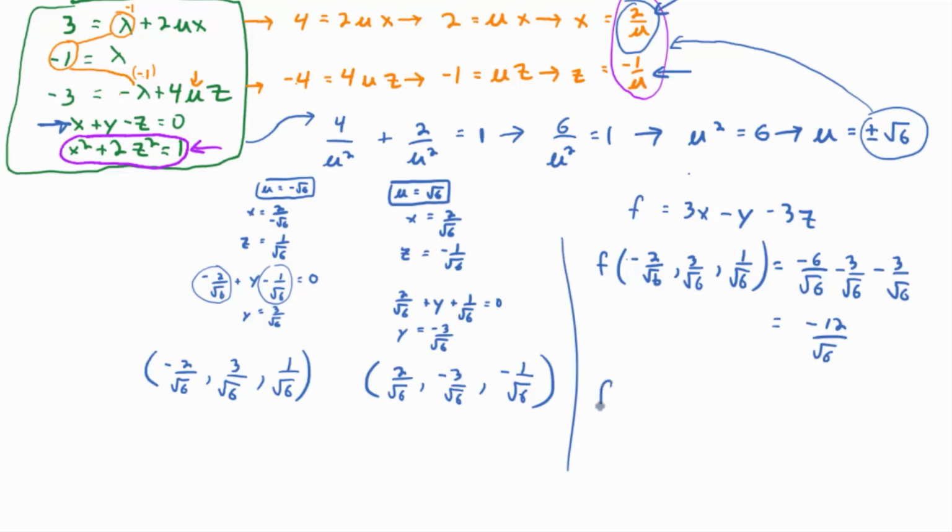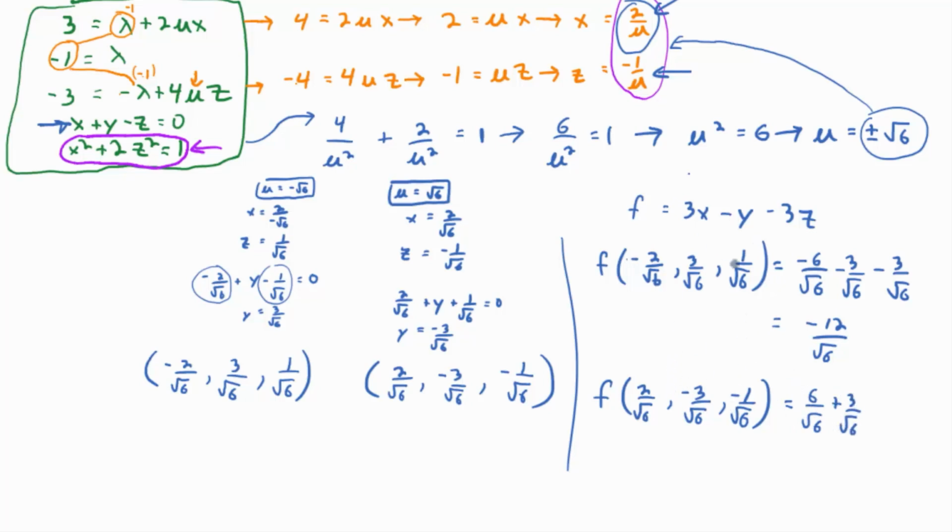Then plug in the other one, f of 2 over root 6, negative 3 over root 6, negative 1 over root 6. Is it going to be positive 12 over root 6 then? Yes, because you'll get positive 6 over root 6, and then the minus, okay, plus.